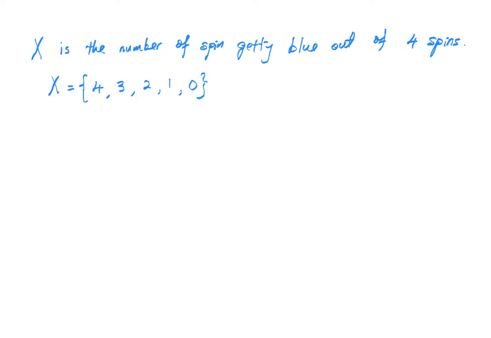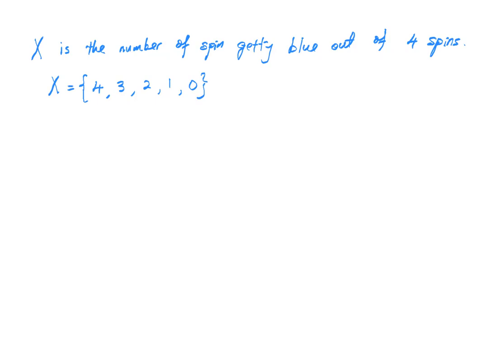Are you okay so far? So what do you mean by x equal to 0? That means out of the 4 spins, all 4 spins are not blue. Correct?